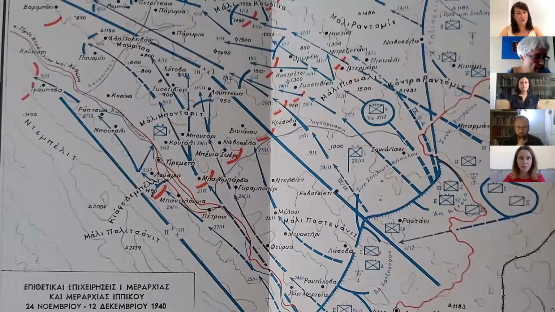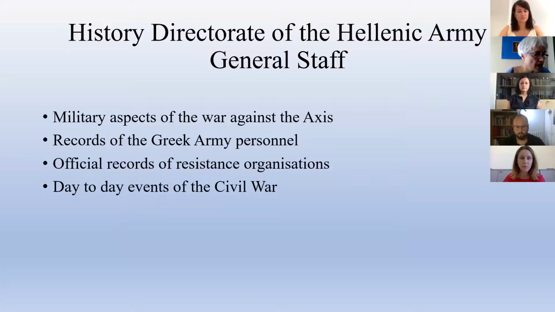I wish to briefly refer to the collections of the History Directorate of the Hellenic Army, which cover, among others, in detail, the military aspects of the war against the Axis in various fronts, include personal records of the fighting men, official aspects of the activity of the resistance organizations in occupied Greece, the day-to-day developments during the civil war, not only on the part of the Hellenic Army, but also through captured documents of the Democratic Army of Greece, these being the two fighting sides then.